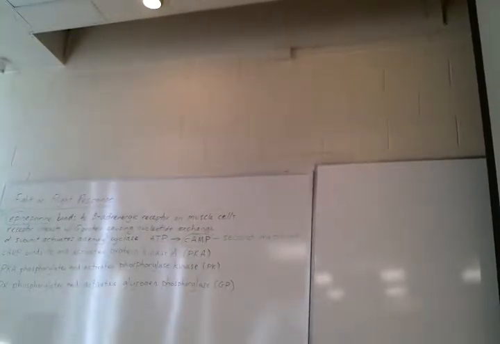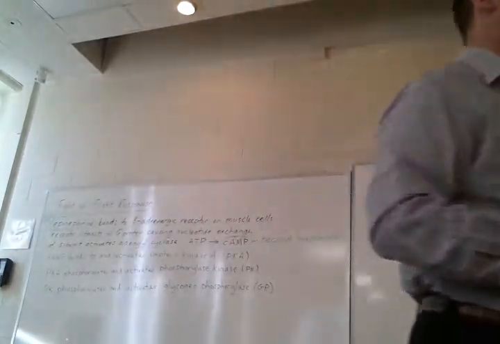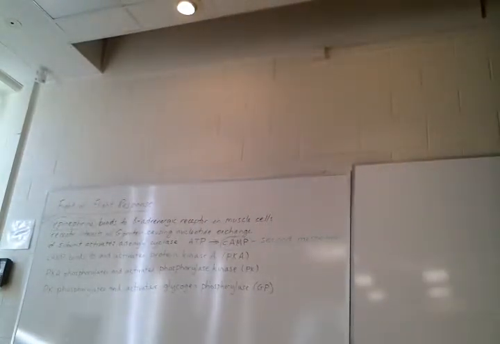And finally, what does glycogen phosphorylase do? It takes glycogen. Now let's remember glycogen. Oh my gosh, we have to remember all the way back to August. What is glycogen made up of? What is glycogen? Yes, it is sugar. That's good. Any more information about glycogen? What kind of sugar? What level of carbohydrate is it?